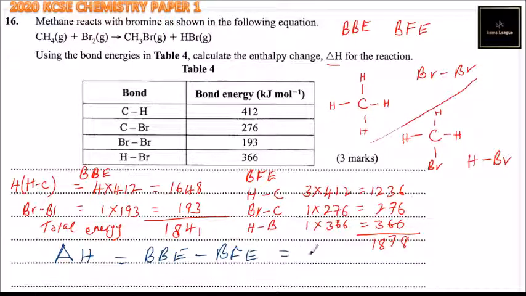The bond breaking energy is 1841, and you subtract the bond formation energy, 1878 kilojoules, which gives minus 37 kilojoules per mole. So that is how you work that out. It is very important to understand the bond breaking energy and bond forming energy. So that's how you answer that. You'll be able to get 3 marks.